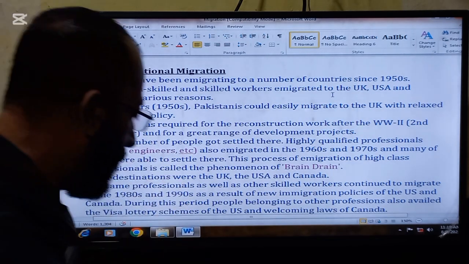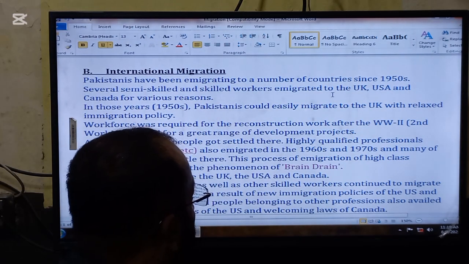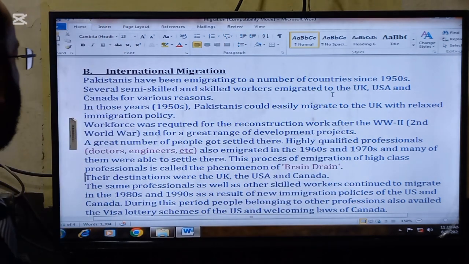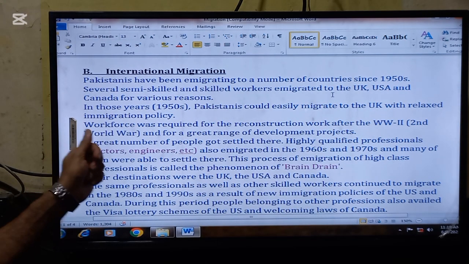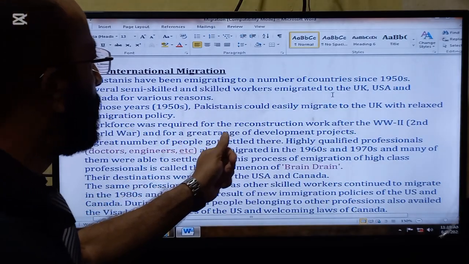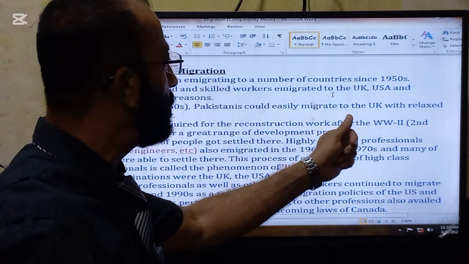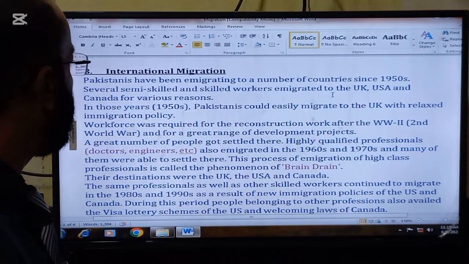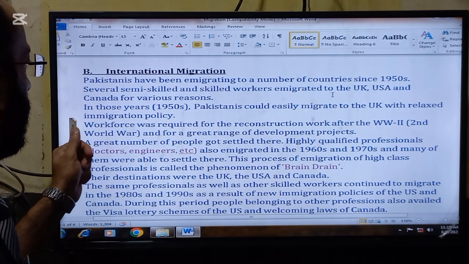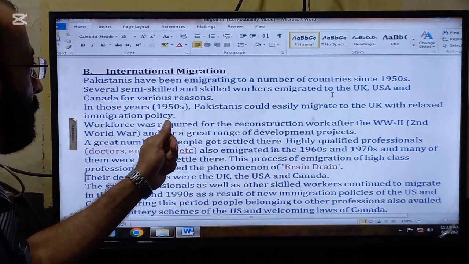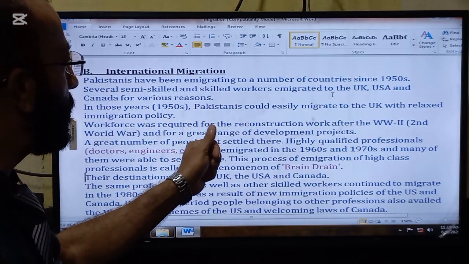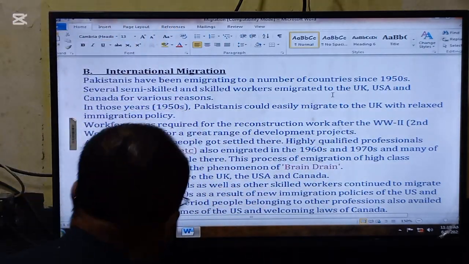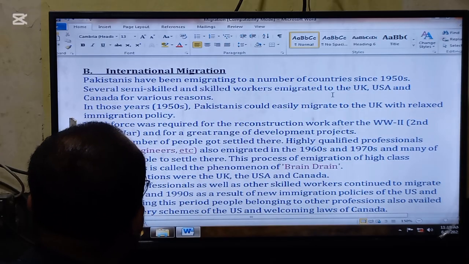Pakistanis have been emigrating to a number of countries since the 1950s. Several semi-skilled and skilled workers emigrated to the UK, USA and Canada for various reasons. In the 1950s, Pakistanis could easily migrate to the UK with relaxed immigration policy.